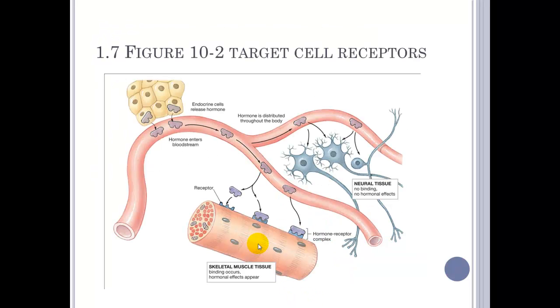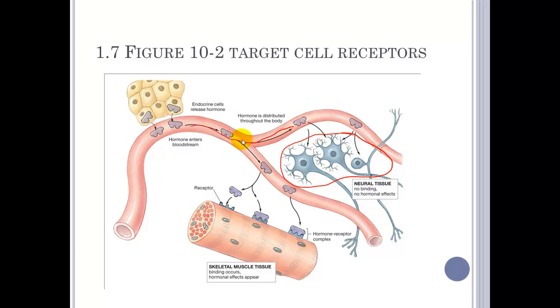So figure 10.2 in your book, target cell receptors. The endocrine cell releases the actual hormone. The hormone travels throughout the body, and then it won't actually bind to the neural tissue, even though if this was inside the CNS, the same hormone might be a neurotransmitter.